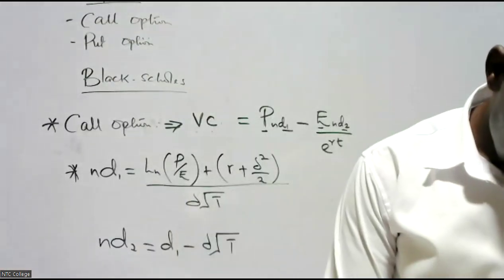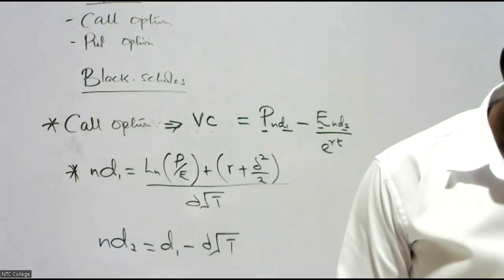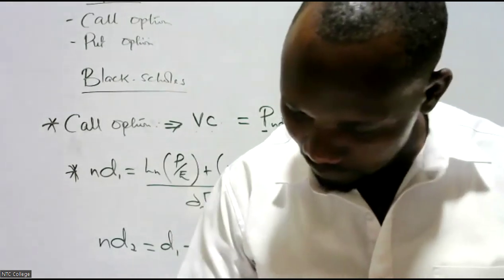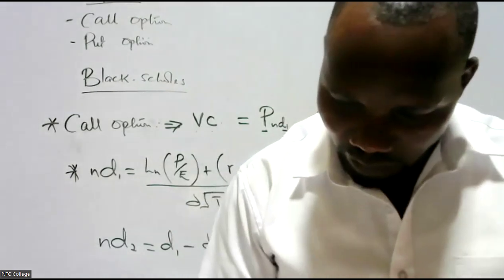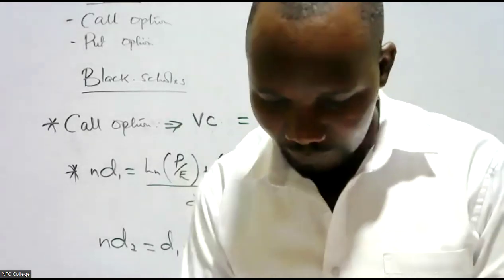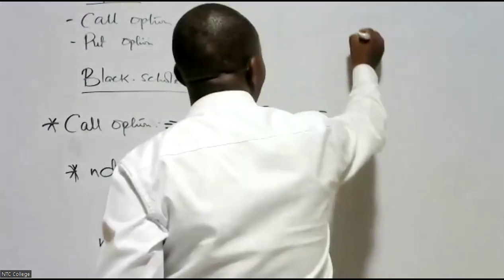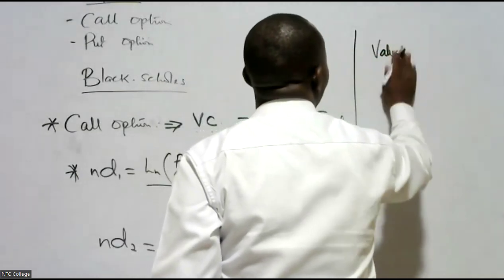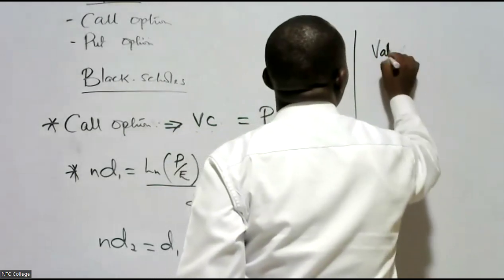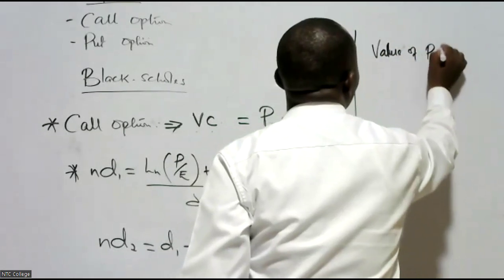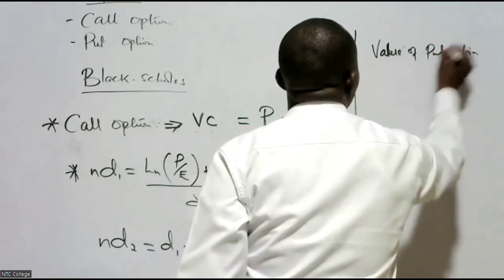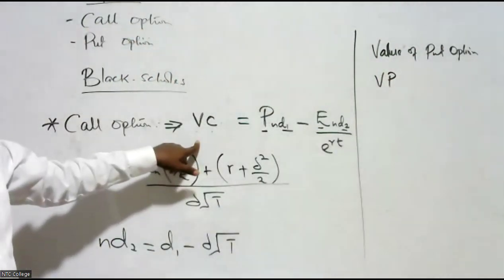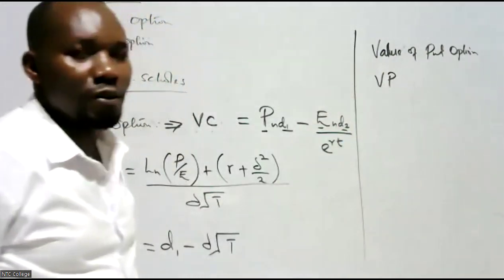Now, once you've gotten the value of call option, we can proceed and get the value of put option. Put option is normally written as VP. So VC is the value of call, but VP is the value of put.